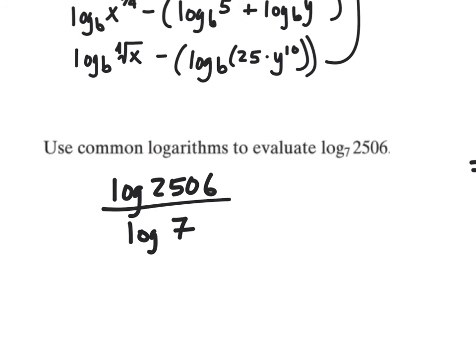Now, this is what I just simply type into my calculator. Especially on your graphing calculators, they just have that log button. So they don't have a base button when you do logs, so you have to do change of base in order to evaluate these. So log of 2,506 divided by log of 7, and that's going to give me a value of 4.0219.